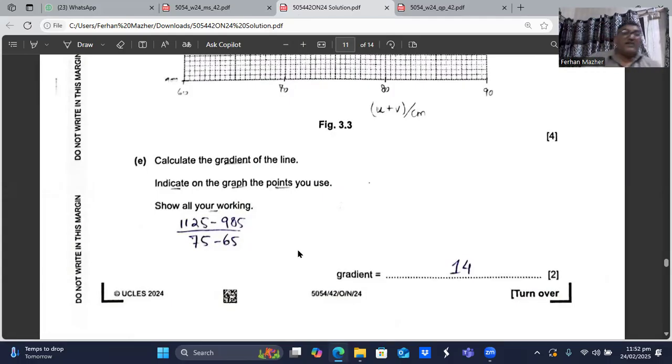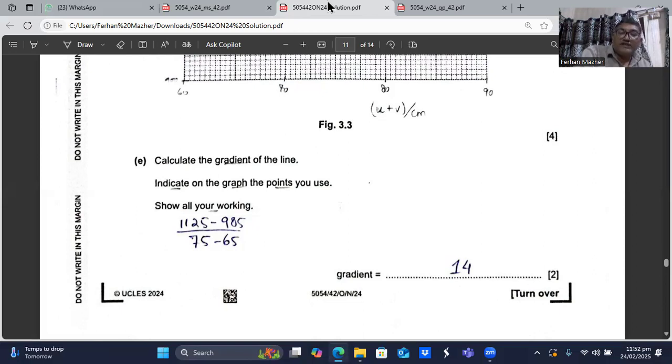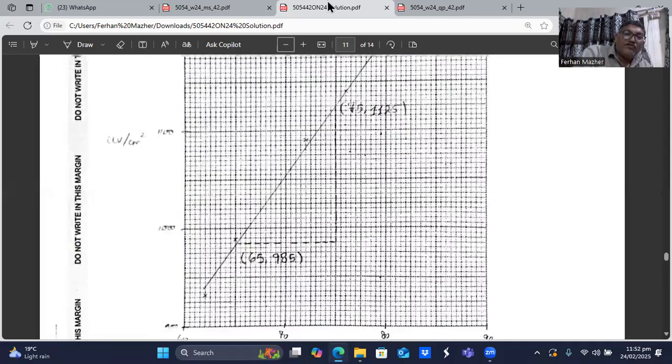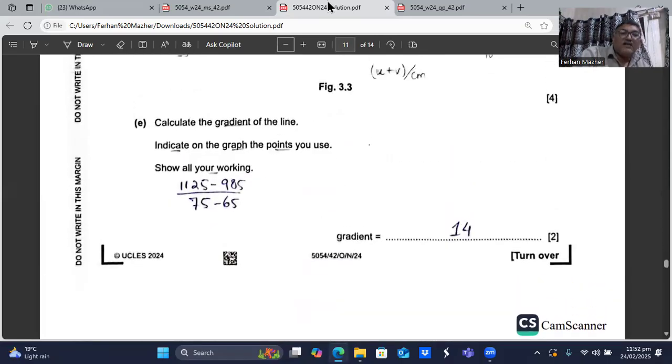So the answer will be 14. He says that the answer will be 15 plus minus 3. So our answer is in this range. So our answer is correct. Hopefully you understand that we have used these 2 points and we have done this calculation for the gradient.